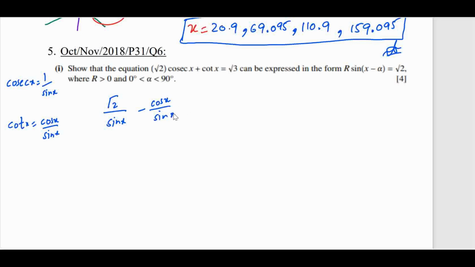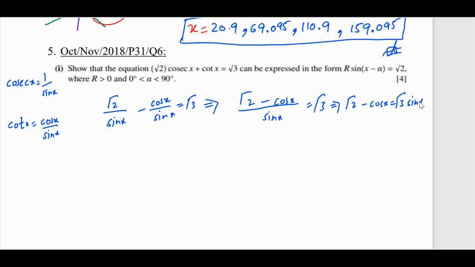Now if we take the LCM, this will be equal to square root of 3. Now if we take the LCM, this will be square root of 2 minus cos of x, whole divided by sine of x, is equal to square root of 3, and finally we can write it as square root of 2 minus cos of x is equal to square root of 3 sine of x.